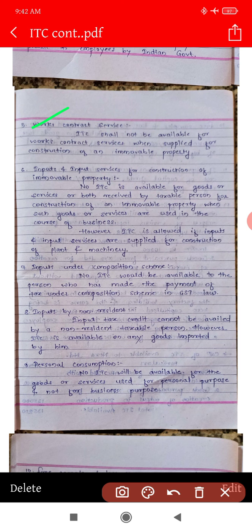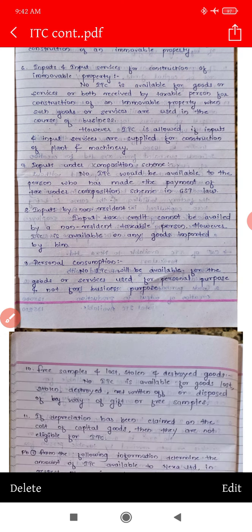So if you are using inputs or input services for the construction of immovable property, you will not get any ITC, even if you are using that immovable property for business purposes. But if you are using such inputs and input services for plant and machinery, then you will get input tax credit.